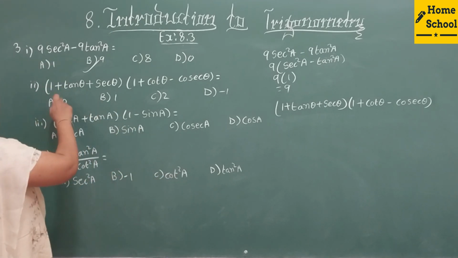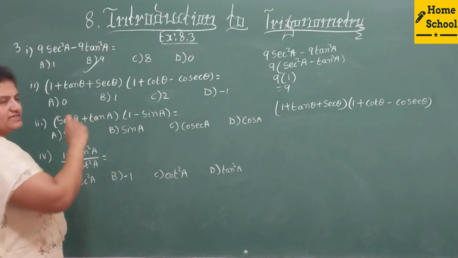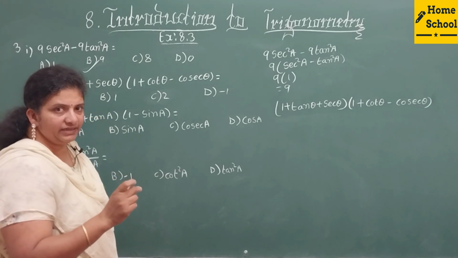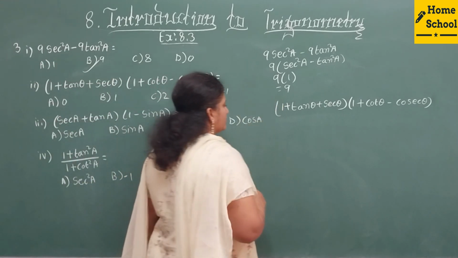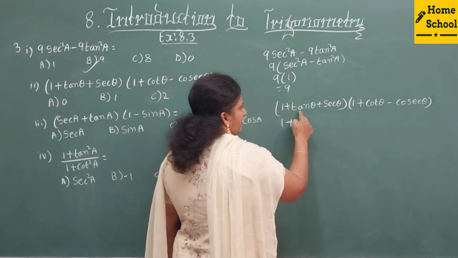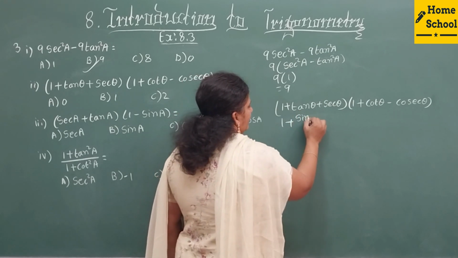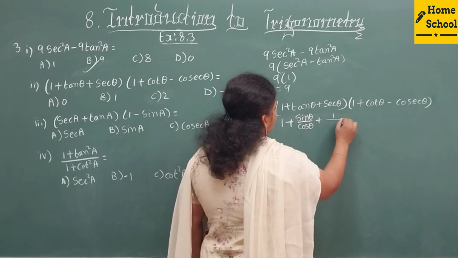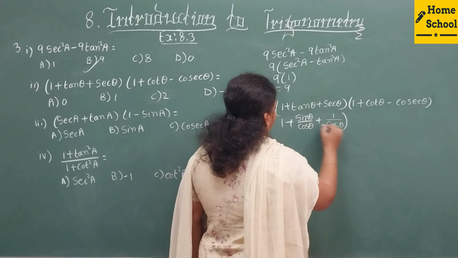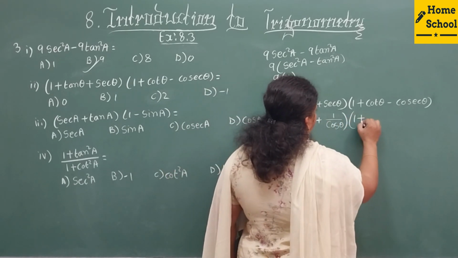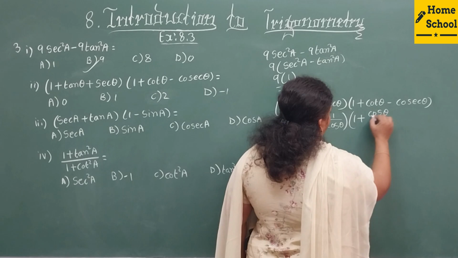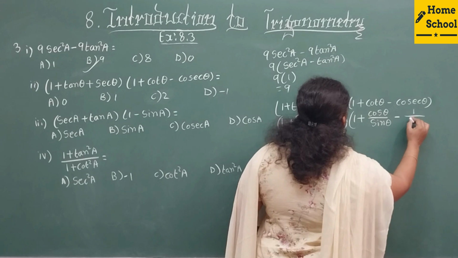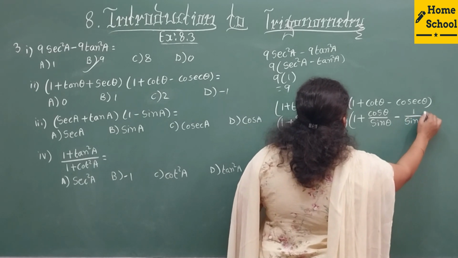Second one, 1 plus tan theta plus secant theta into 1 plus cot theta minus cosecant theta is equal to. Let us start solving this. Tan theta can be written as sin theta by cos theta. Secant theta can be written as 1 by cos theta. And cot theta can be written as cos theta by sin theta. Minus cosecant theta can be written as 1 by sin theta.